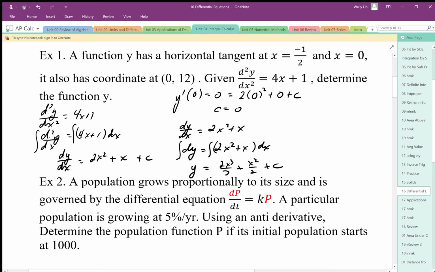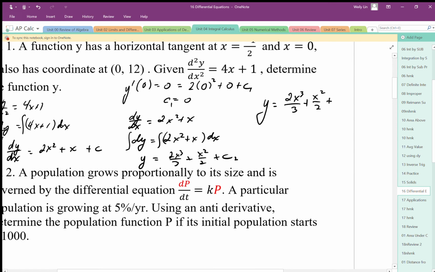We can plug in x is 0, but we can see that the c is going to be the y-intercept in this case. So I'm just going to call that c1, call that c2. Then the equation becomes y equals 2x cubed over 3 plus x squared over 2 plus the y-intercept of 12.